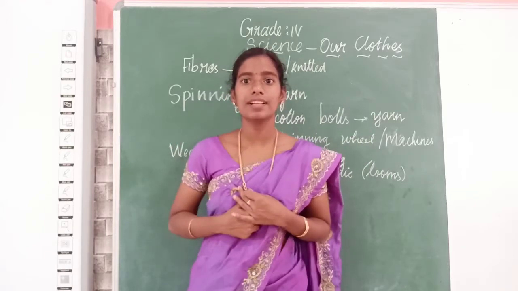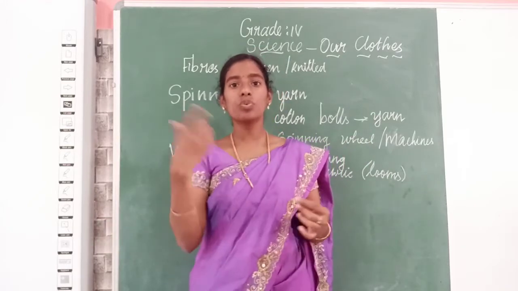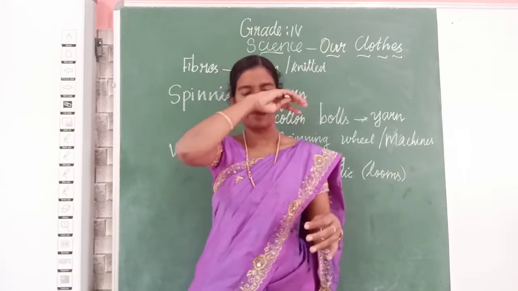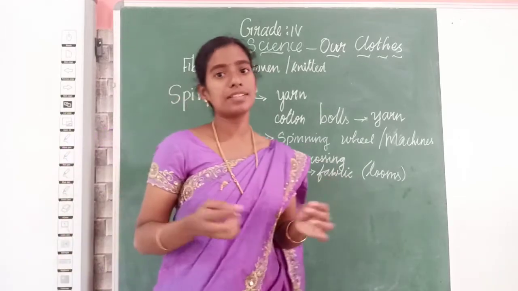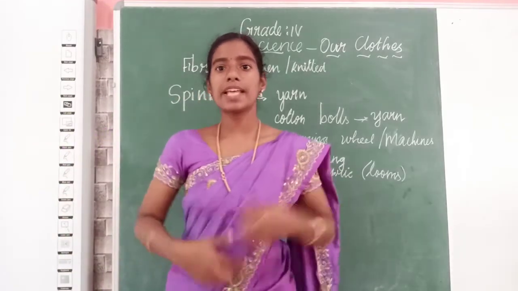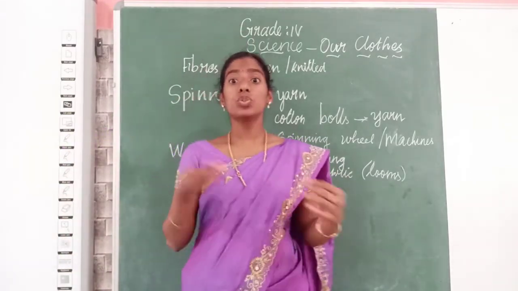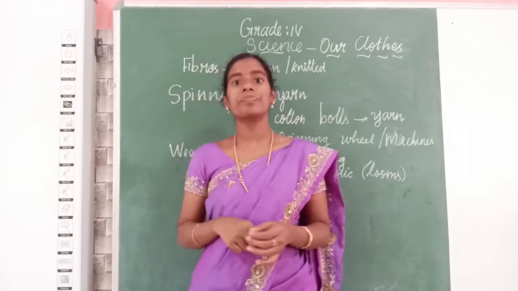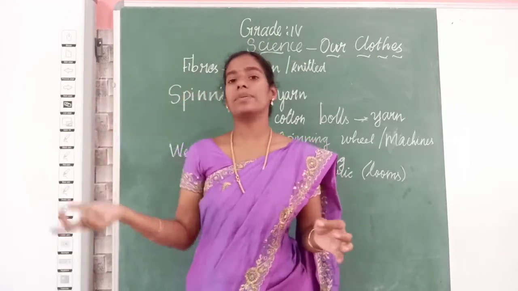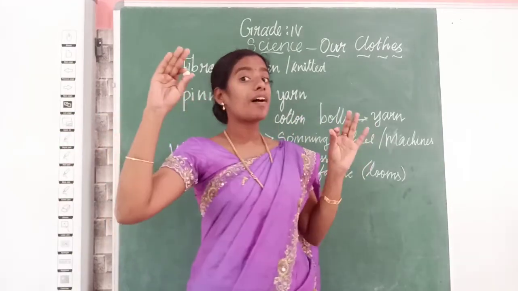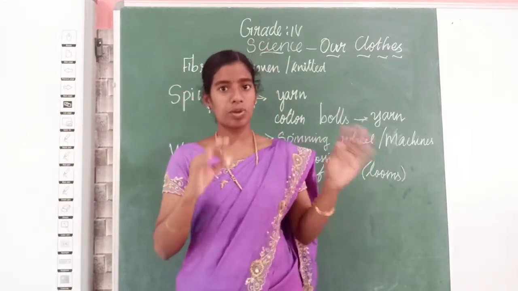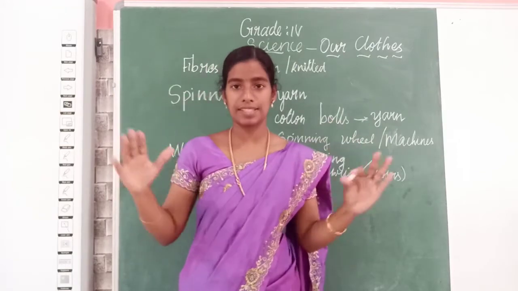I am wearing some color dress. You may wear red color, pink color, some other color. We know that our dress is made up of some colors, some designs. My saree has some flower design. You will have some animals design. Some words will be written on the dress. We know only the outcome of that process, that is the final dress.